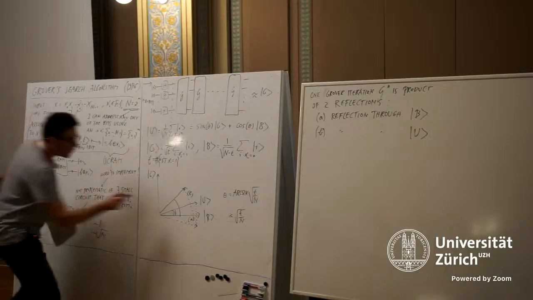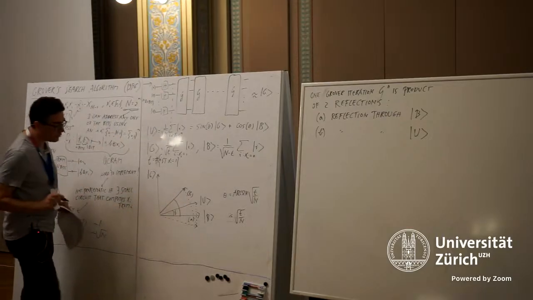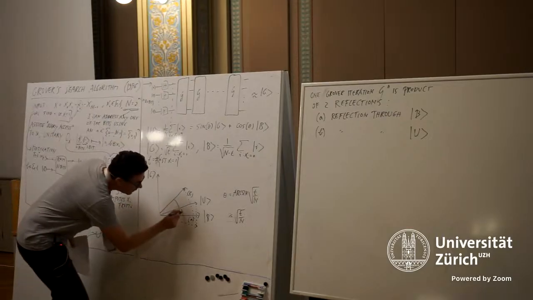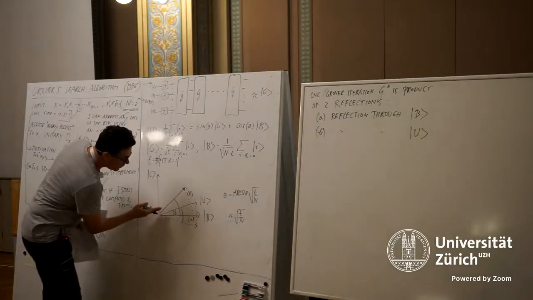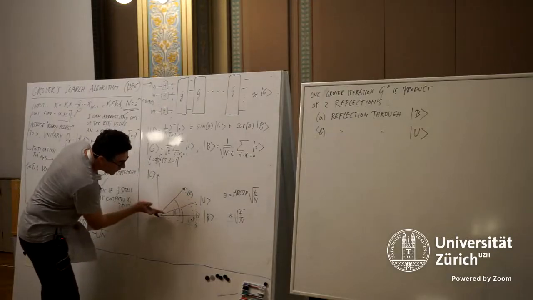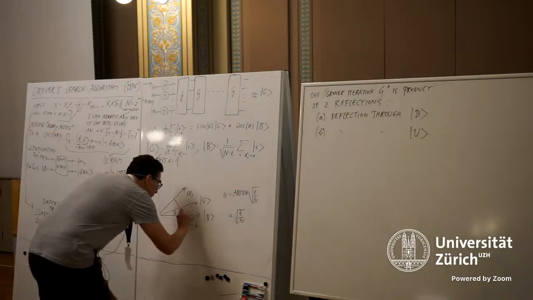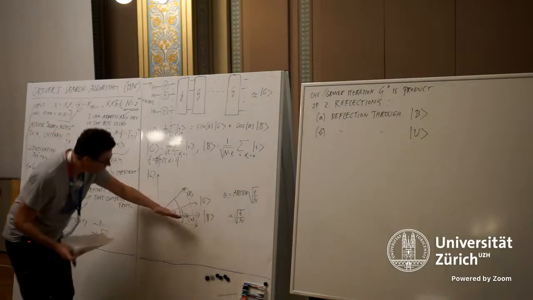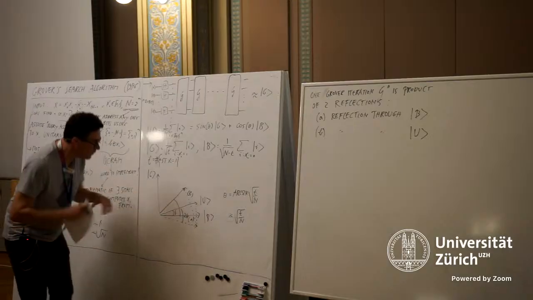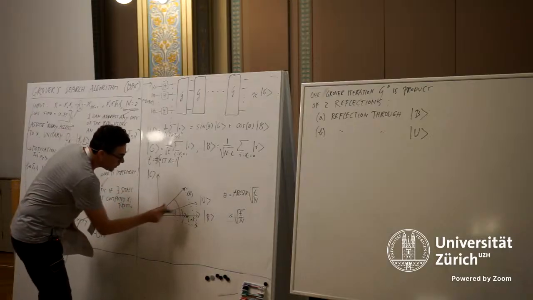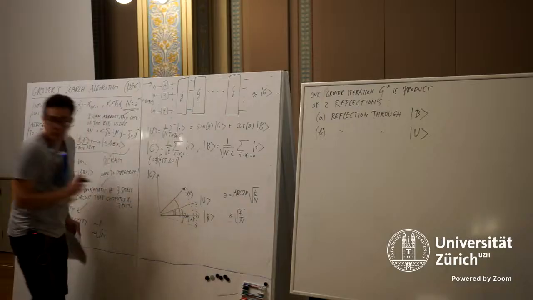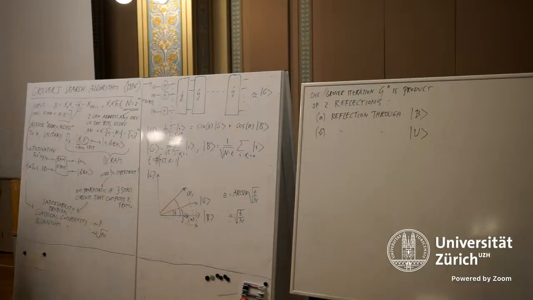The angle between the uniform state and the state of our algorithm is 2 theta. And then that angle is flipped around. So the total angle that we have now is the original theta plus the new 2 theta. So the angle goes from theta to 3 theta.